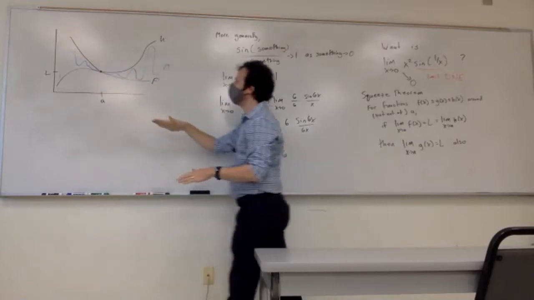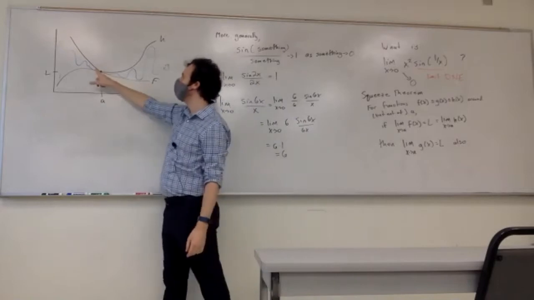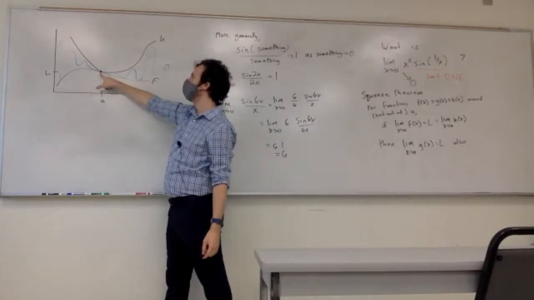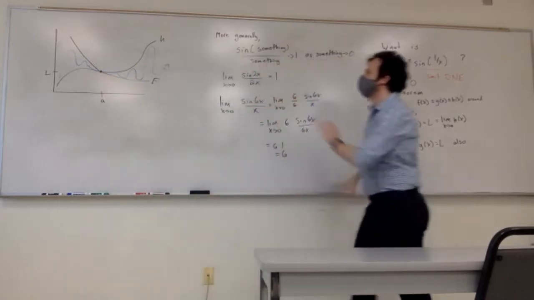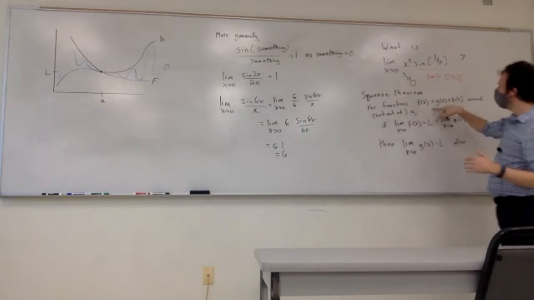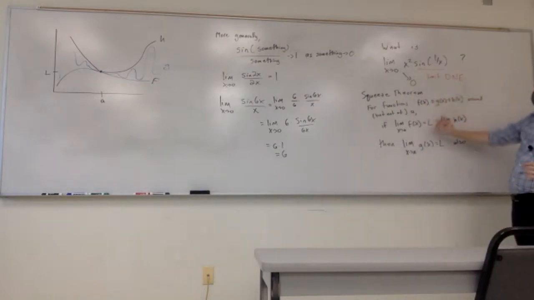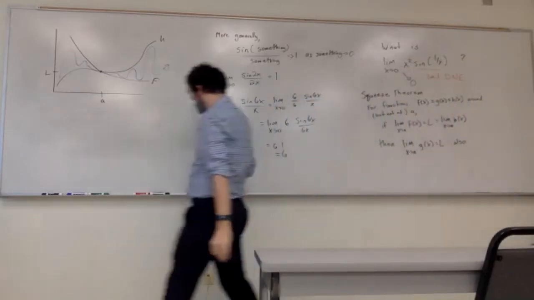Since h and f are going to the same height, there's no room for g to do anything other than also go through this height L. So that's the picture of what's happening and why it's called the squeeze theorem. This inequality and the fact that they meet up at this point A at height L forces g to do that same thing.